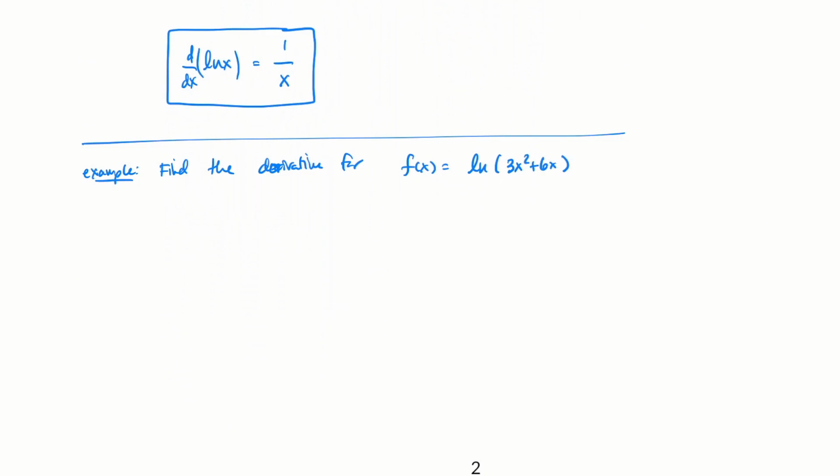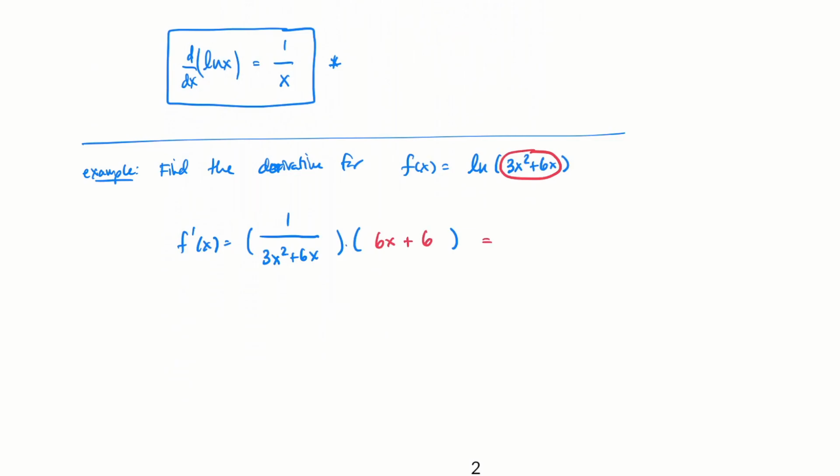So find the derivative for ln of a polynomial. f prime then is the derivative of the outer function times the derivative of the inner function, right? Because the natural log is on the outside, but on the inside is this 3x squared plus 6x. So we take the derivative of the outside, the natural log derivative, 1 over x. So it'd be 1 over 3x squared plus 6x. Remember, we don't change that here. It's evaluated at that output. And then times the derivative of the inner function, which is 6x plus 6.